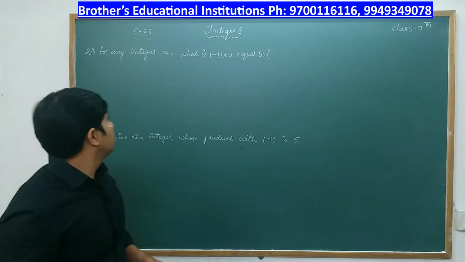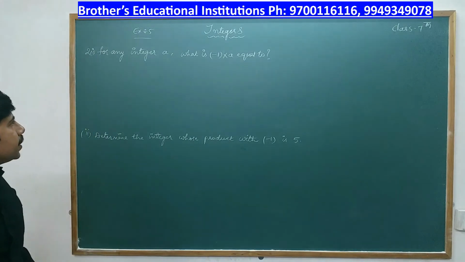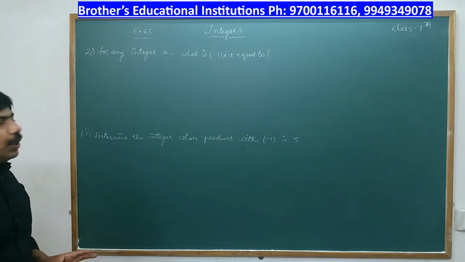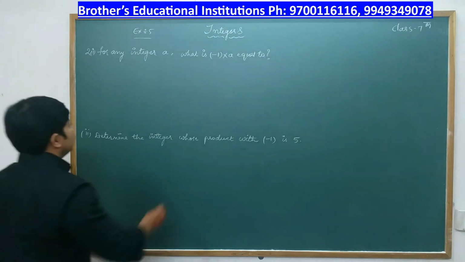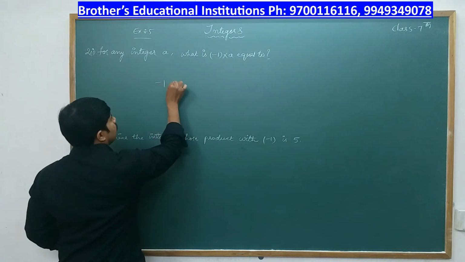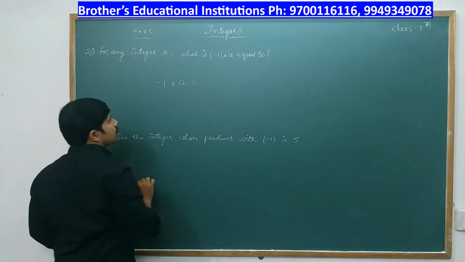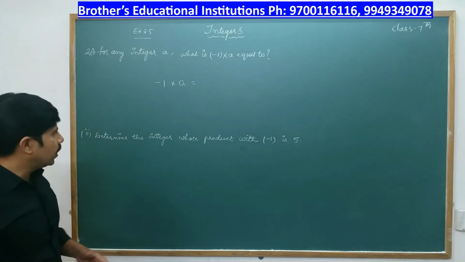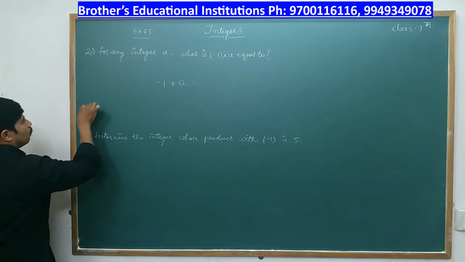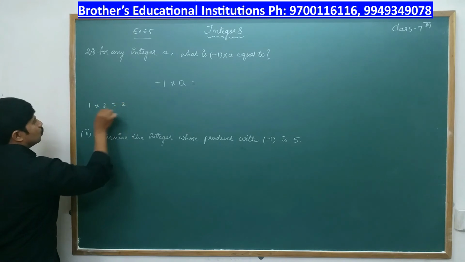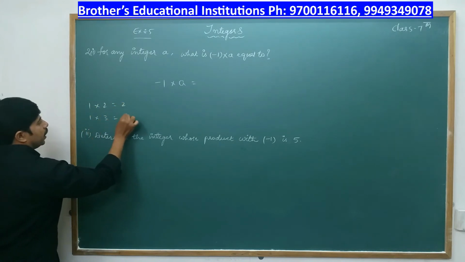Next problem. For any integer A, what is minus 1 into A equal to? For example, you do 1 into 2, it is 2. 1 into 3, it is 3.